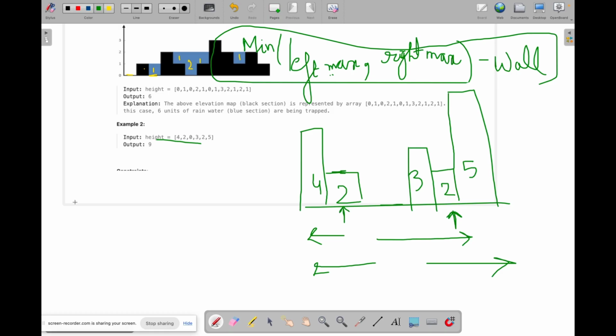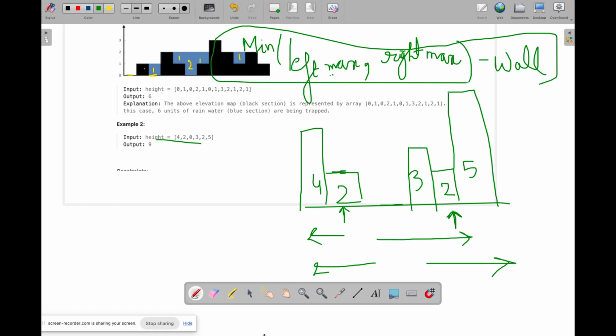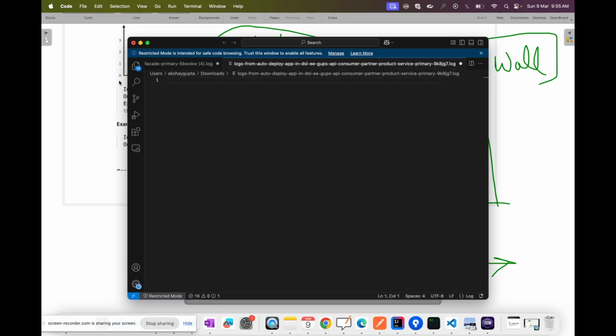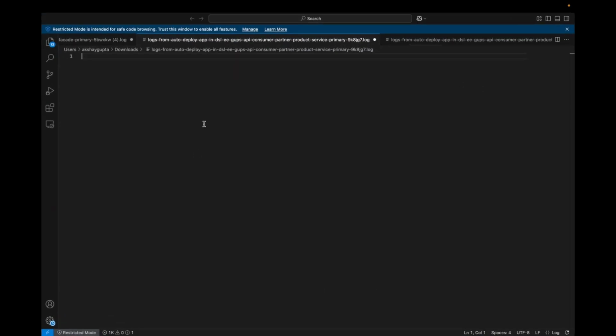So what I'm saying is we will run one for loop: int I equals 0, I less than n minus 1, I plus plus.